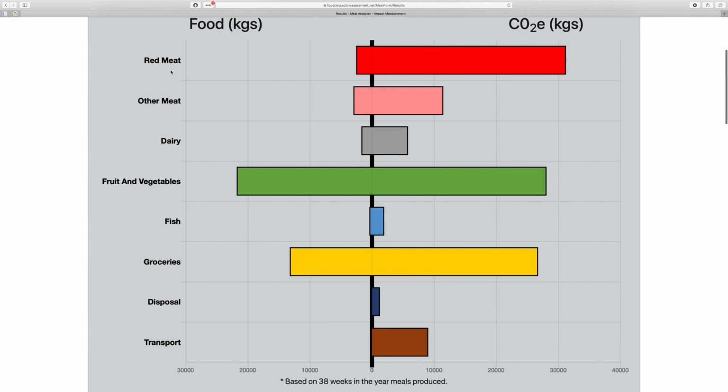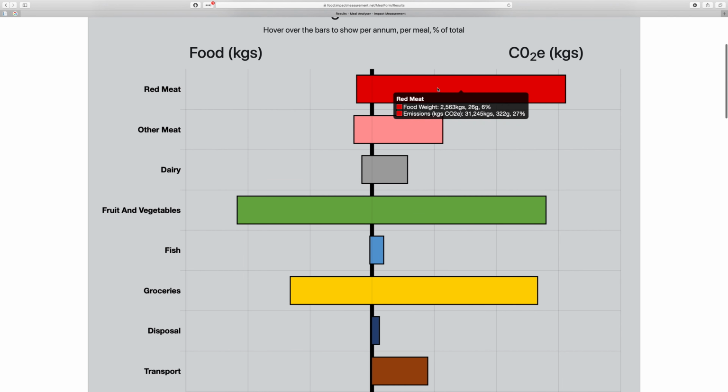And down on this axis, we have the various categories of food for which you entered information earlier in the tool. If we hover over any of the lines on the graph, you can see the quantitative data that lies behind the graph. In this case, for example, you can see that we entered 6% by food weight of red meat, and that's generated 27% of the total carbon emissions.